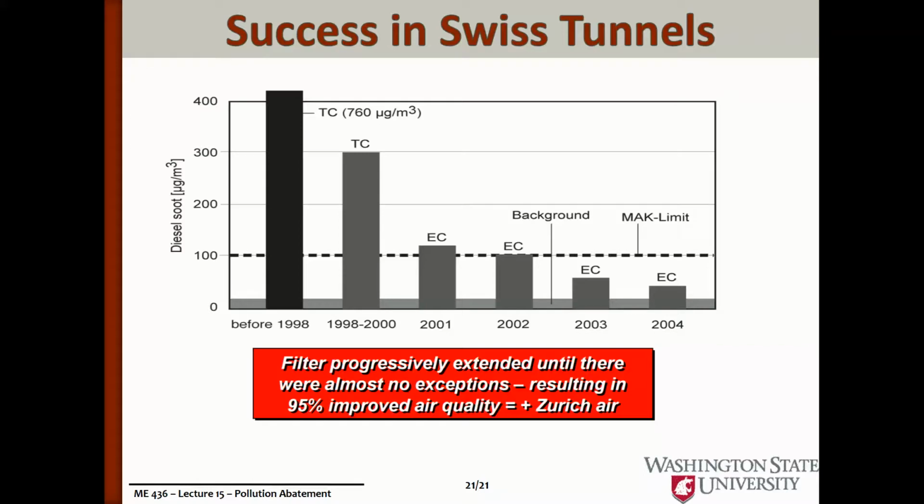They began taking measurements in tunnels through the Swiss Alps as to what the background particulate was. Initially, when they started in 1998, it was 760 micrograms per cubic meter, and they've now reduced that significantly to the order of about 50. So more than a tenfold reduction in the particulate in a decade or less.